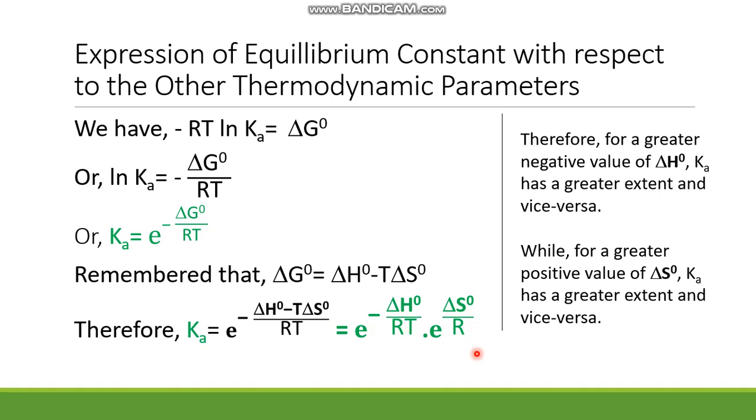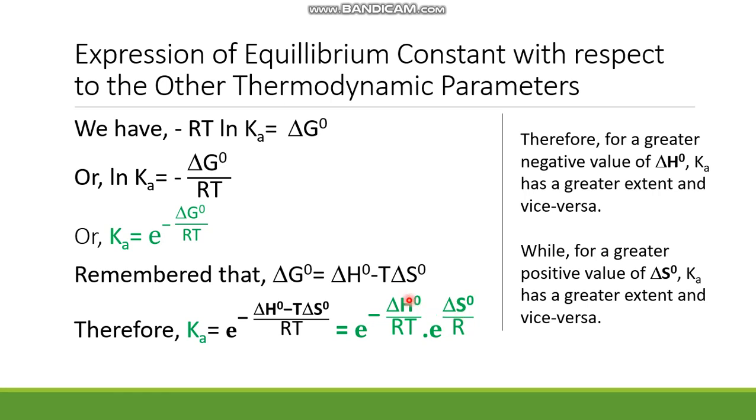Now, if delta H0 is more negative, then Ka has a greater value, and if delta S0 is more positive, then also Ka has a greater value. So in order to get a greater extent of reaction in the forward direction, we need either a more negative delta H0 or a more positive delta S0, and vice versa.